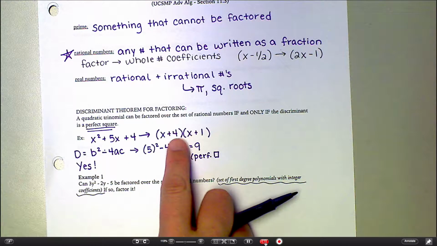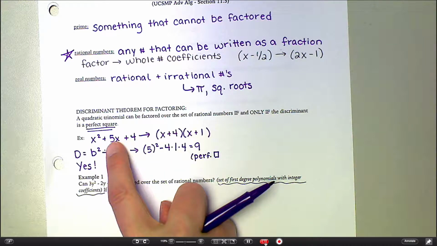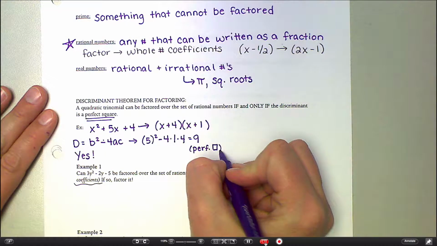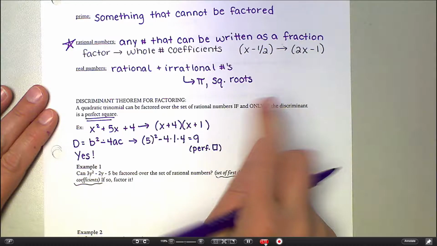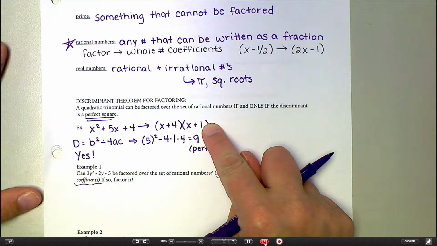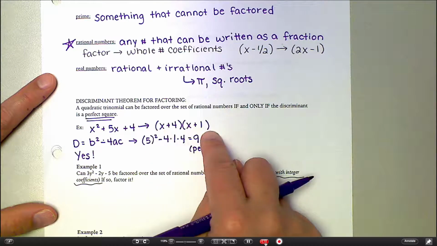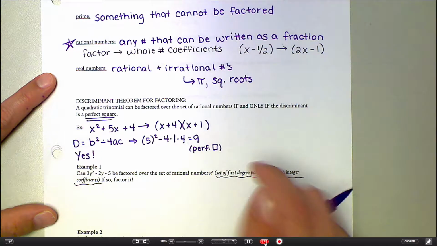Okay? Because 4 times 1 is 4, 4 plus 1 is 5. So that's just the factoring we were doing last week. But again, the fact that this 9 came out to be a perfect square confirms that this is possible. That's all it tells you, is that it's possible. The 9 does not have anything to do with the actual factors, okay?